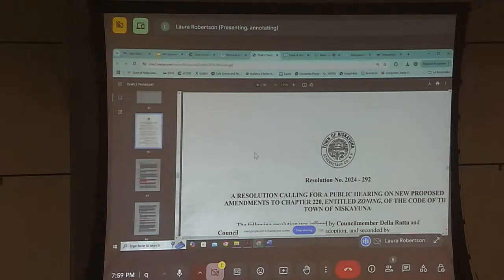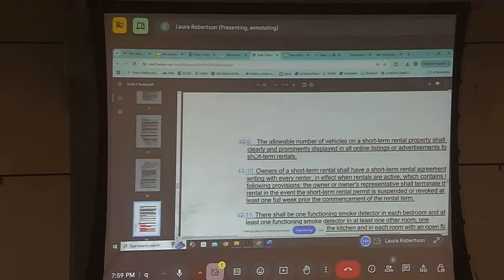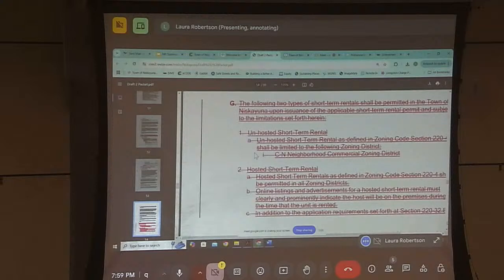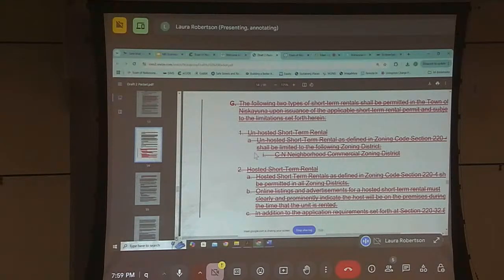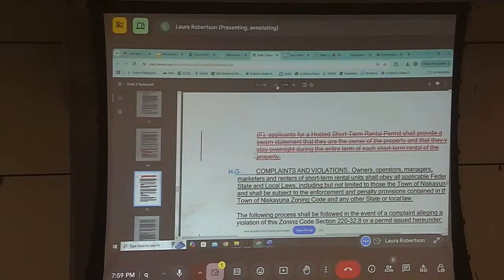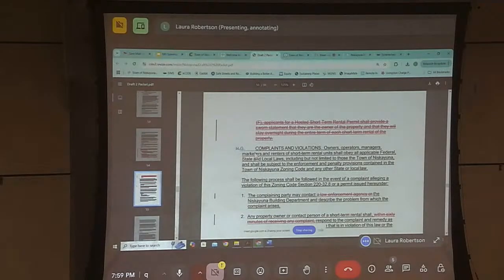Is that in the stuff that you sent us? No, I sent you the old code. Okay. I think the way to look at this is, as this resolution went through the process, there were changes made, and the changes are substantial. So the question is, has this gone from limited impact to neighborhoods to more substantial impacts?